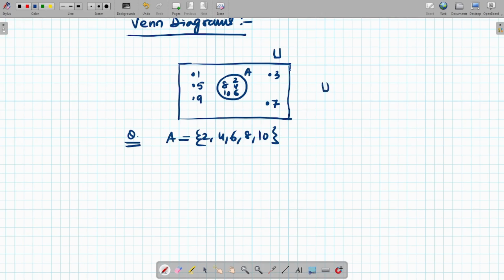U is, let us say 1, 2, 3, 4, 5, 6, 7, 8, 9. This is my universal set. और इसमें सबसेट A है. Subset A is represented as if it's a set A which is comprising of all the even numbers.